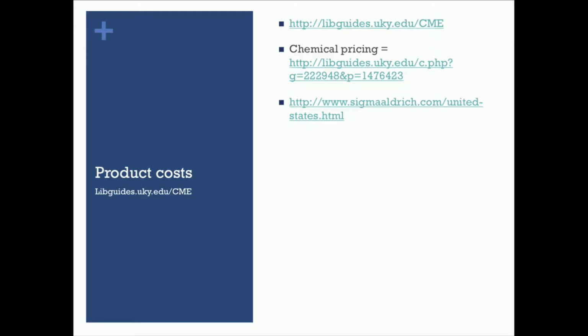She's also, in the library guides, put in a section on chemical pricing. And then finally, we can get chemical prices from Sigma Aldrich. These are not going to be necessarily the best because they're for small quantities, they're not for bulk quantities. We're going to be making bulk quantity of solvent, and it would be better to use the chemical pricing available in the second reference here.